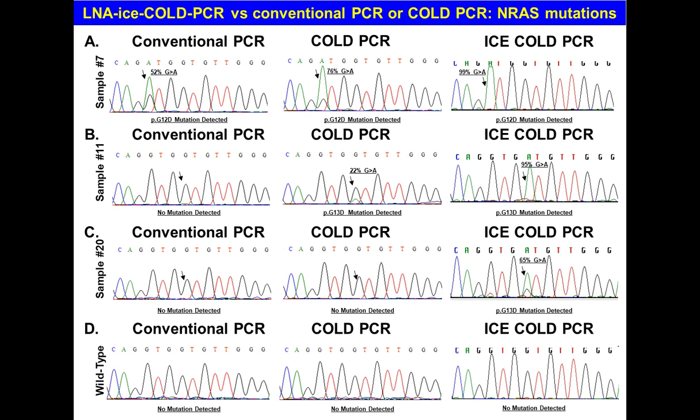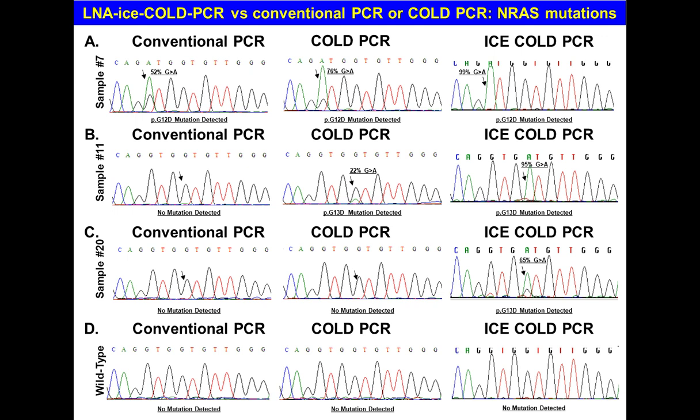So here you see the comparison, on the left, of conventional PCR. We have 3 cancer samples and 1 wild type. And in the middle we have COLD-PCR. And on the right, we have ICE COLD-PCR.